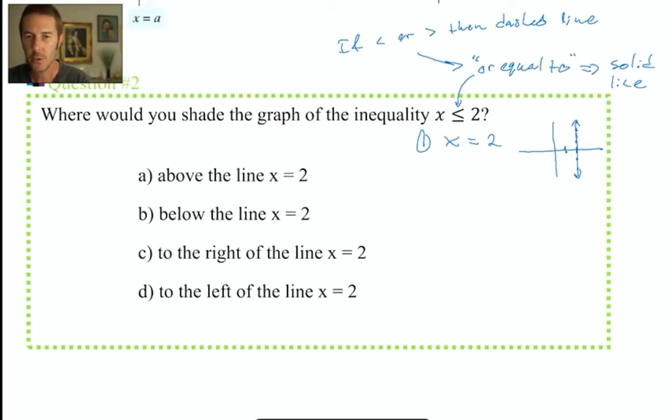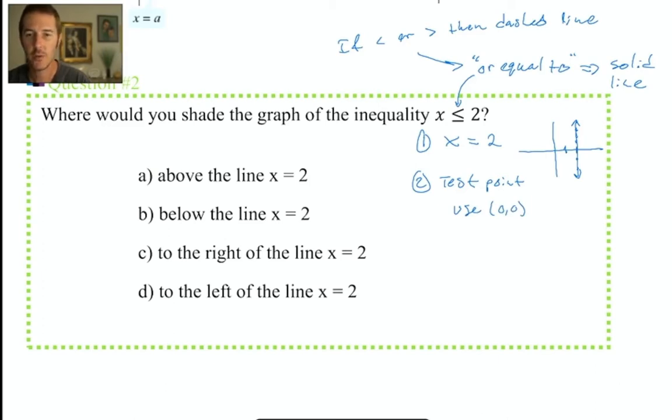Okay, step number 2 is I'm going to pick a test point. I'm going to use 0, 0. Now 0, 0 is to the left of the vertical line that we just drew.